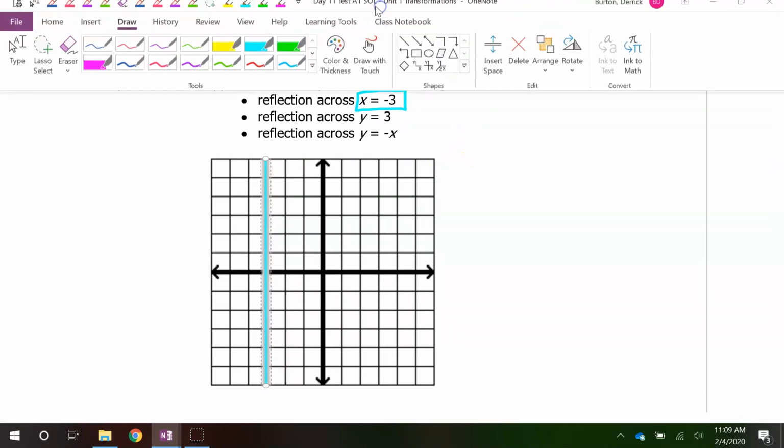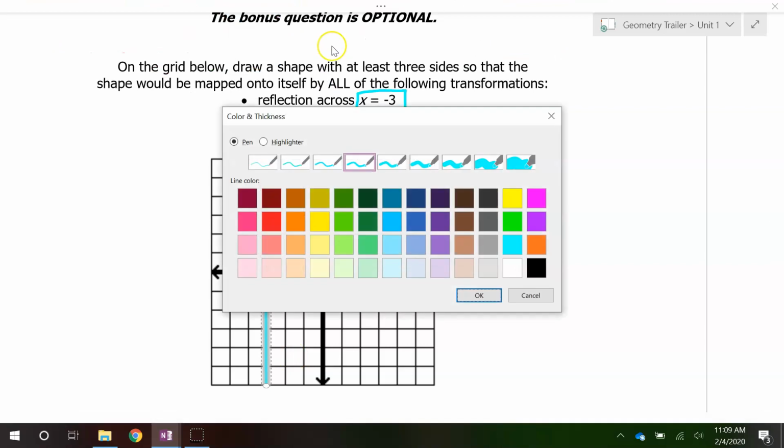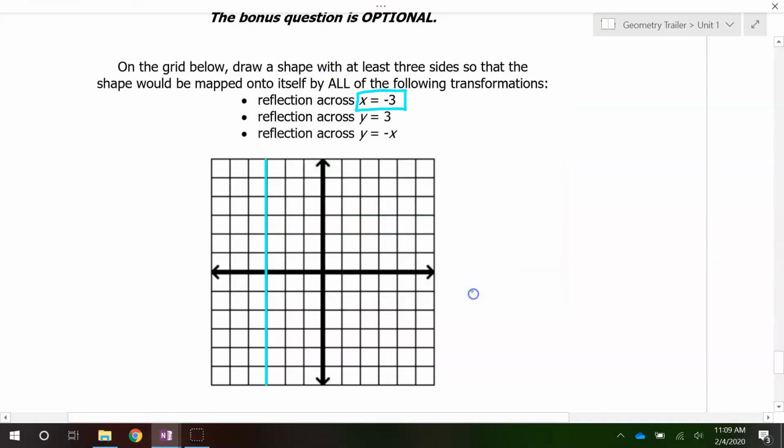Okay, now I need another line of symmetry. This next one I'm going to do in green. Okay, y equals 3 is a horizontal line at 3. So that means this has to be a line of symmetry.